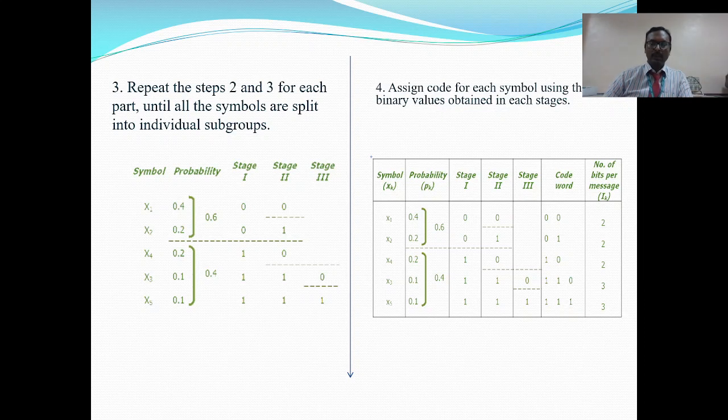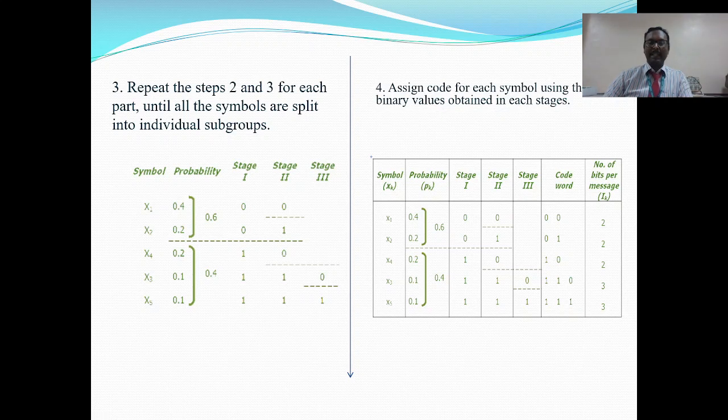So this stage is over for the upper boundary of stage 1. For the lower category, I want to split into two equiprobable halves. Here the values are 0.2, 0.1, 0.1. How can I split here? The top probability is 0.2; I take it as one category and assign 0.